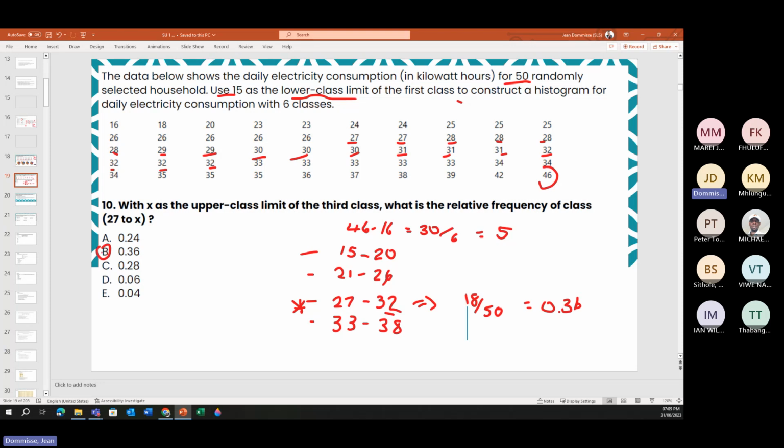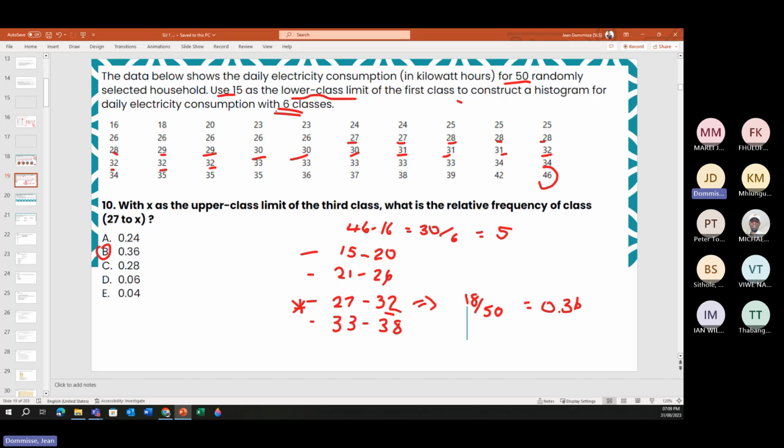So in this one, we needed to work out the class width by saying, okay, what's your maximum? What's your minimum? So we know that the range is 30. They need to give you how many classes. You can't guess it.